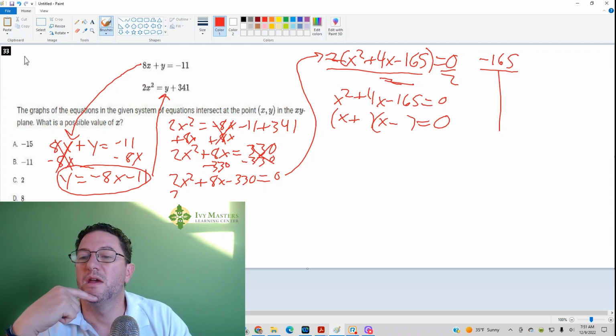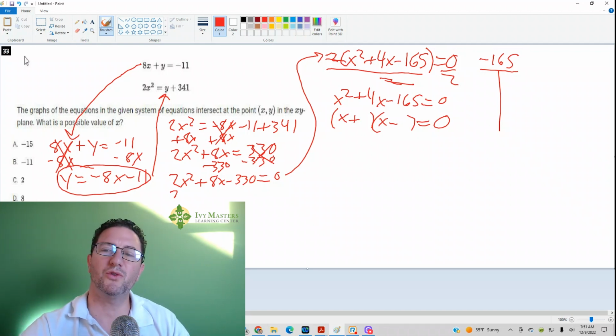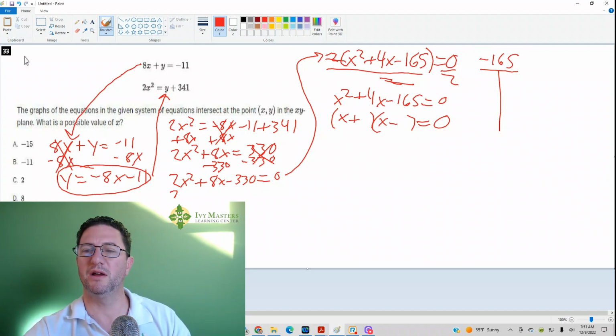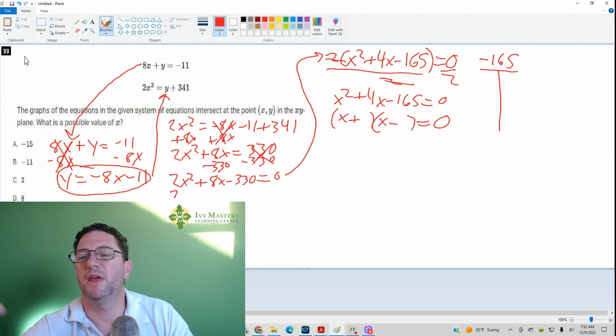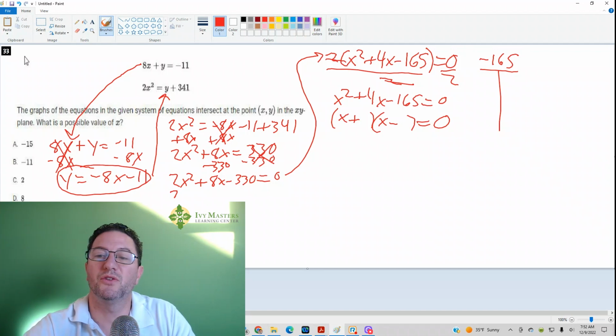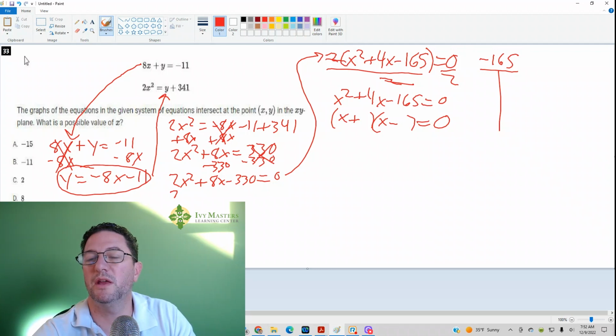So what I want to think is the square root of 165, what is it? You might know that it's in between 13 squared and 12 squared, 144. And 12 doesn't go in evenly. And then you try the 11, and the 11 goes in evenly.